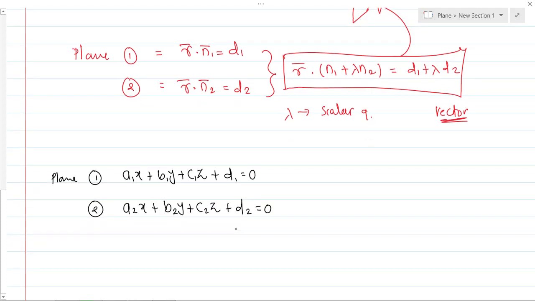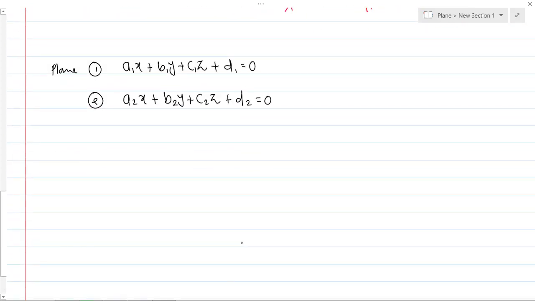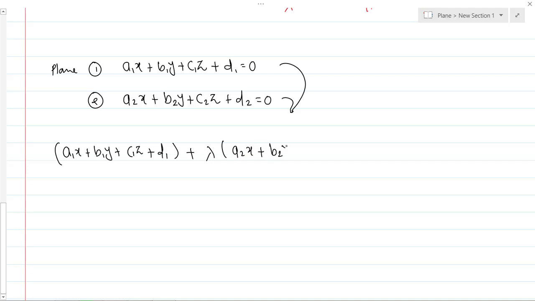If these two planes are intersecting each other, then the equation of a plane passing through the intersection of these two planes is very simple. Combine: a1x plus b1y plus c1z plus d1 plus lambda into (a2x plus b2y plus c2z plus d2) equals 0.